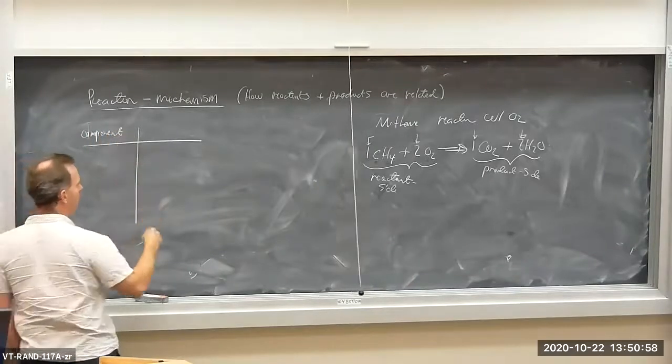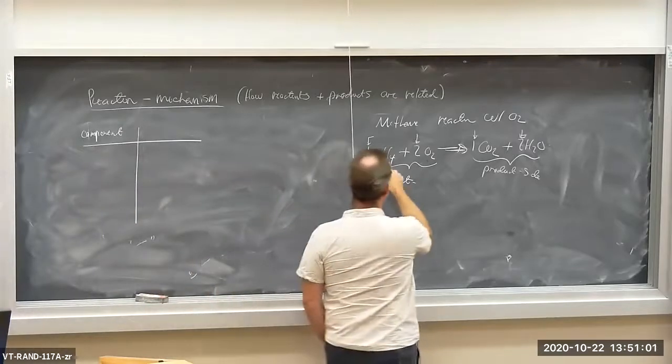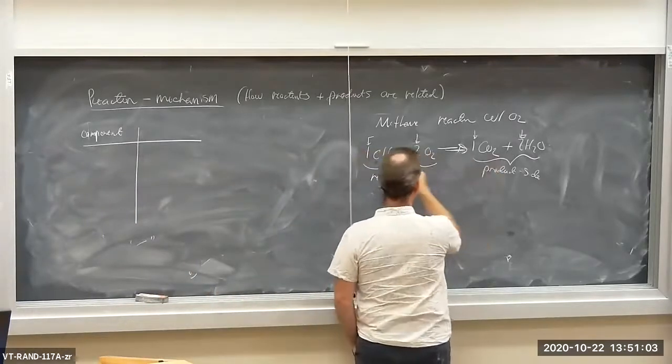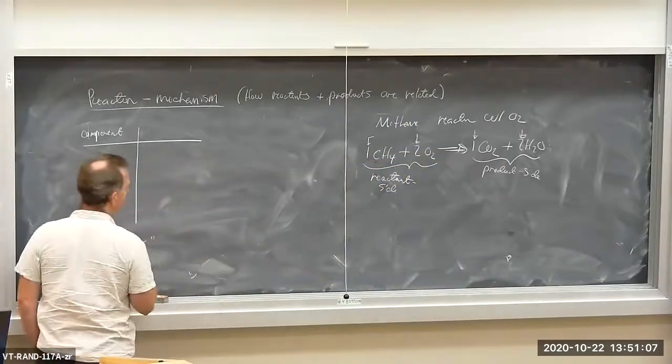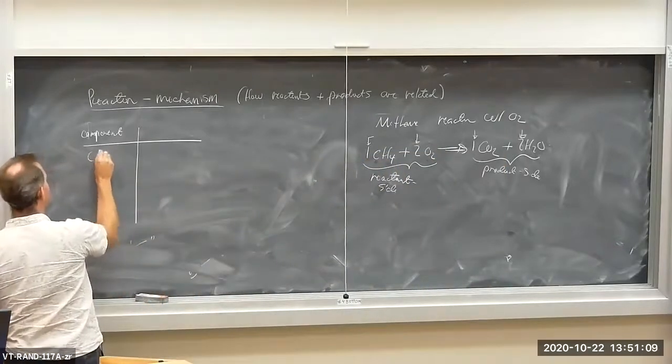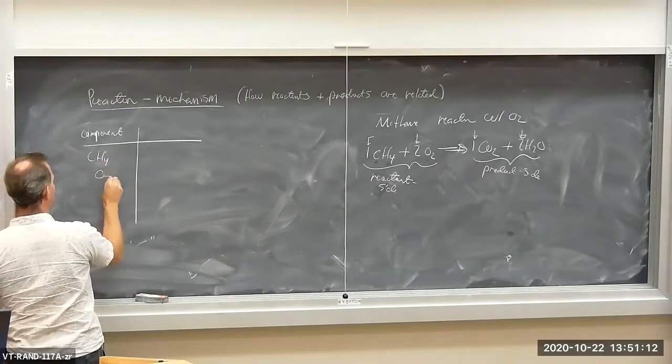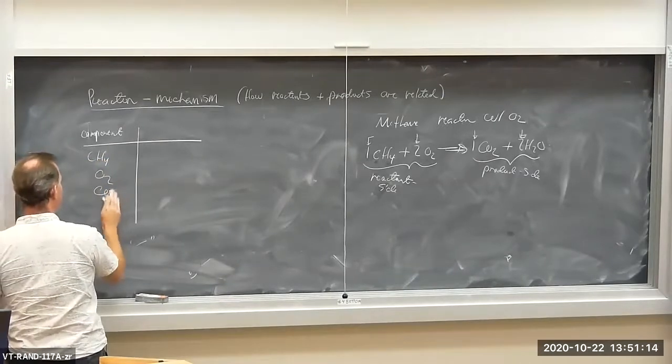In this reaction mechanism, we have 4 different chemical components or species. Let me list them here: CH4, O2, CO2, and H2O.